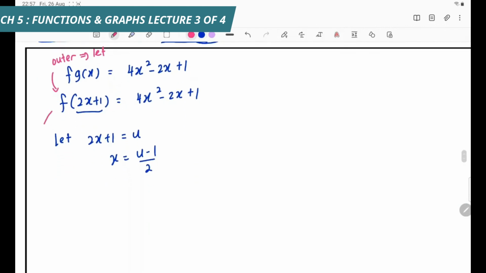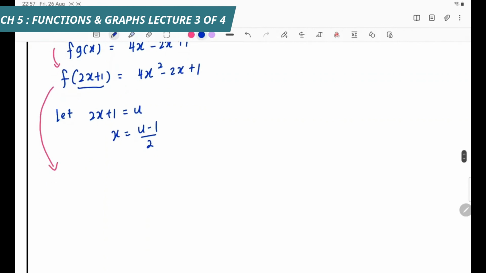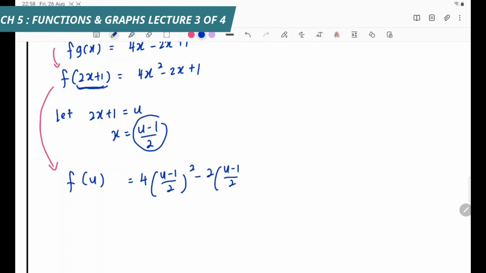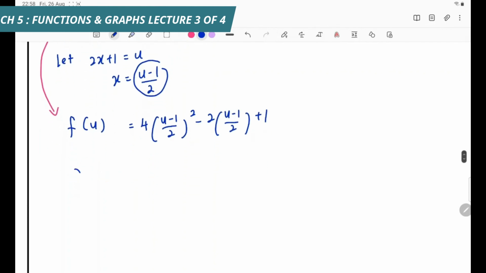Here I'm going to change all the x in terms of u. So we have f(u), since we already let 2x plus 1 equal to u, so f(u) equal to 4, and then change x in terms of u. Here we go, and then just simplify.